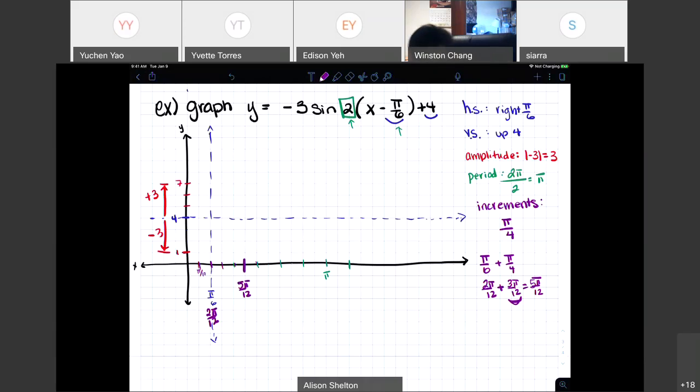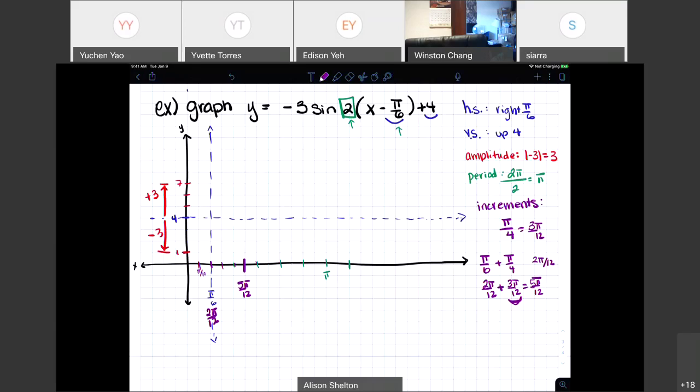In fact, we're starting at pi over 6, which is 2 pi over 12. Then we've got 5 pi over 12, because we added an increment of pi over 4, which is 3 pi over 12. Now we're going to keep adding 3 pi over 12.